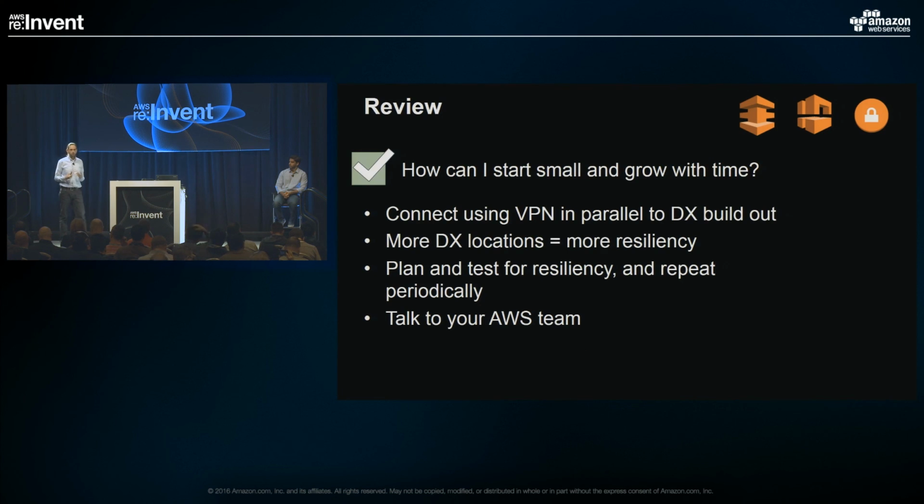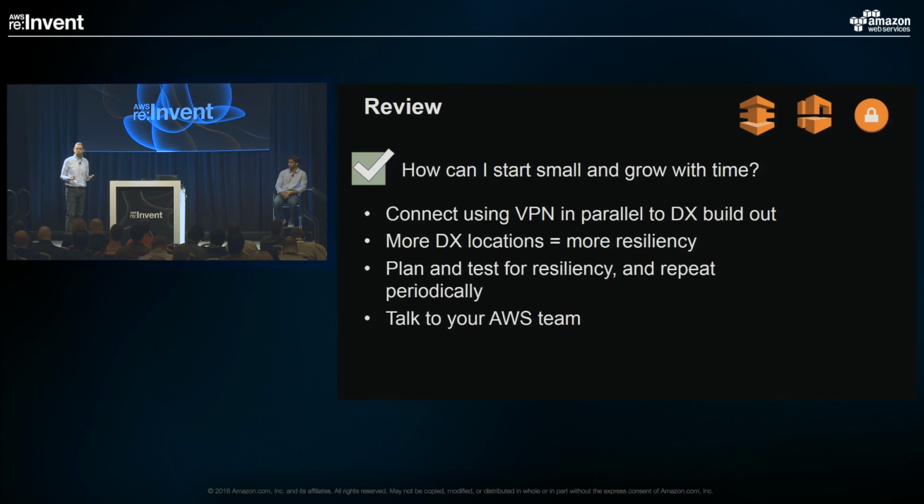And as I mentioned before, a lot of customers will begin by bringing up a VPN, and in parallel, begin to work on building out the Direct Connect. You can add resiliency either with VPN or with Direct Connect, or better yet, with a Direct Connect through a second location. Adding additional Direct Connects will provide you with more resiliency and more bandwidth. And I cannot stress enough the importance of testing for failure scenarios and doing so on a periodic basis.